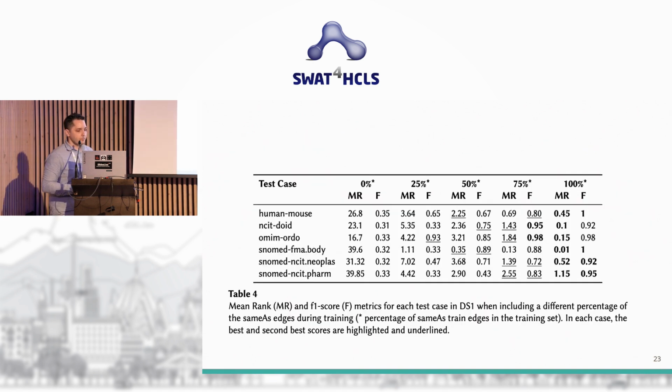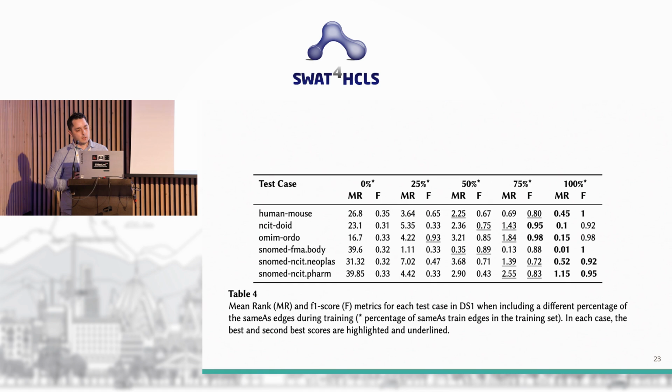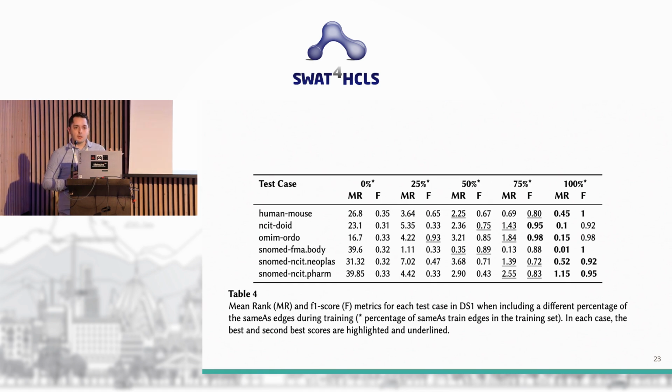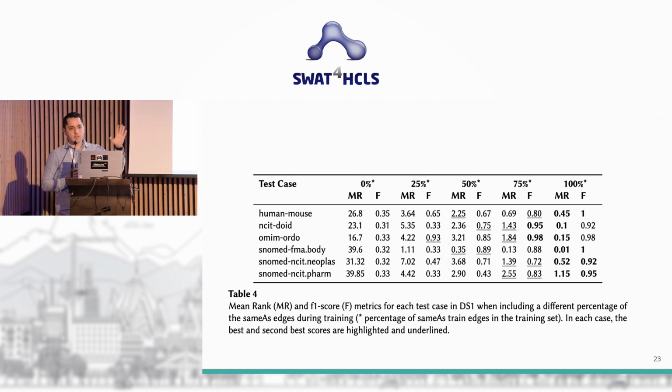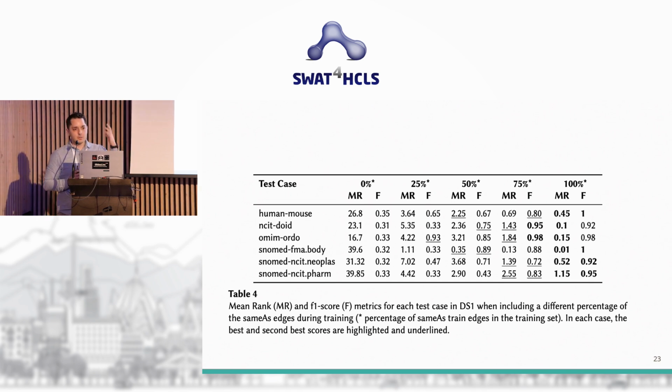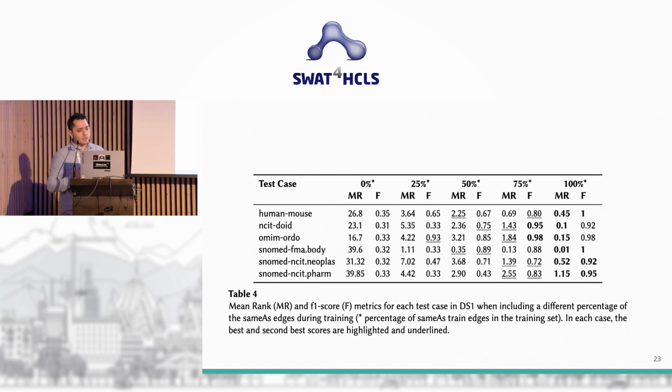Yeah, so we did a final set of tasks because we were wondering how much data we need in terms of training these models to perform at the level they do. So now we're taking 0%, so no data, just random initialization, 25%, 50%, 75%, up to all the training set data. And here we're showing mean rank and F1 score.